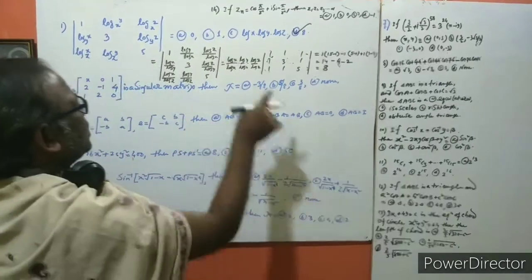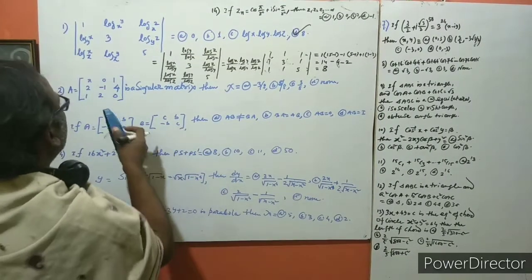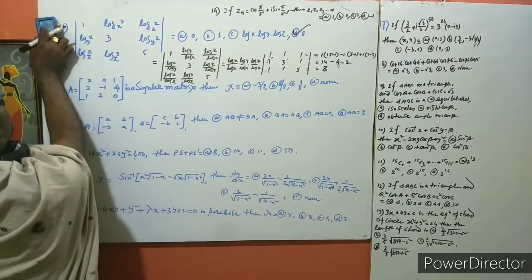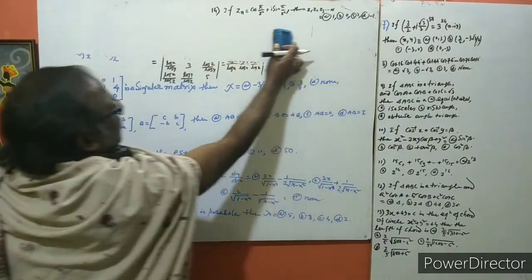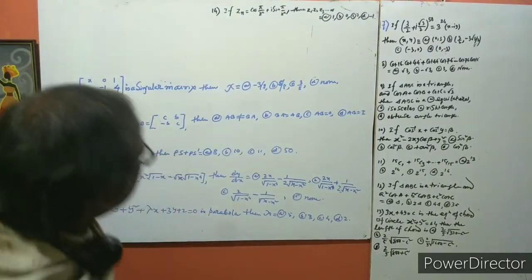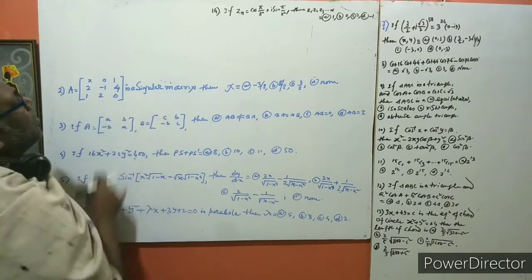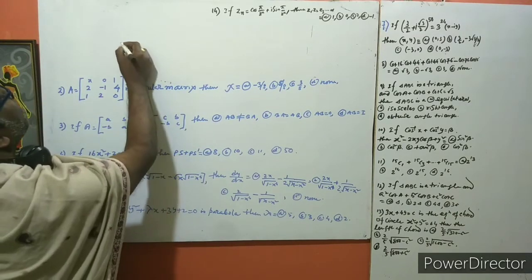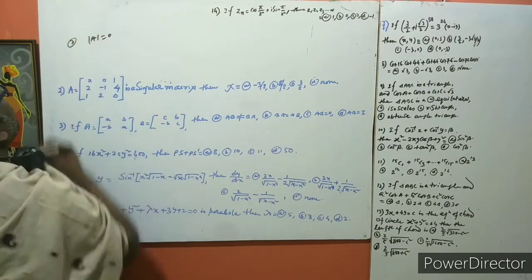Okay, see the solution. And now we proceed to the second question. So yes, this solution is complete here. See the next solution for 2. This is a singular matrix. For the singular matrix, you know, determinant of A is equal to 0. This is 2.